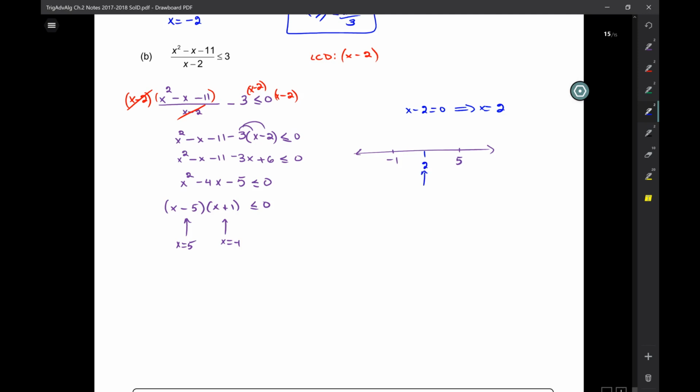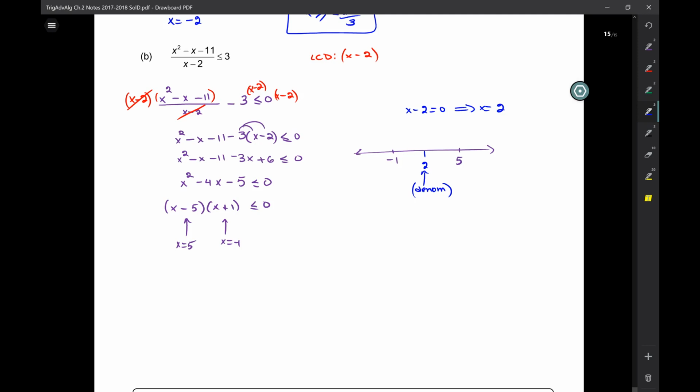Yes. So this from the denominator. Don't neglect that denominator. It's special. Okay? So take a look. X minus 5, exponent of 1, x plus 1, exponent of 1. X minus 2 doesn't have an even exponent. So they're all going to alternate, right?